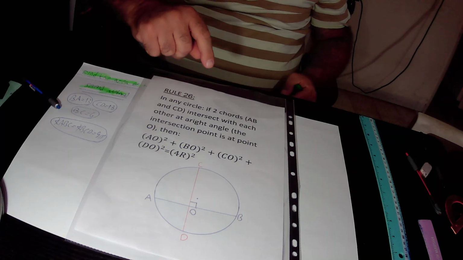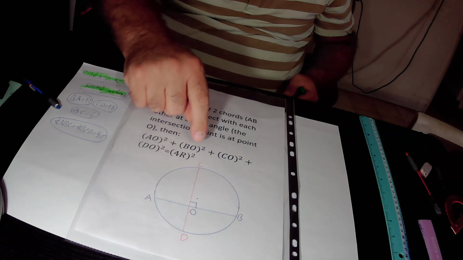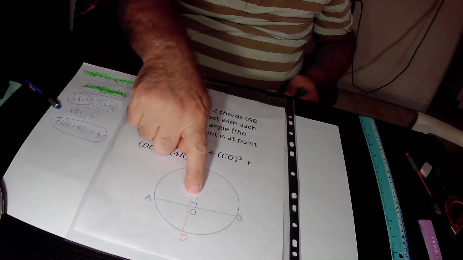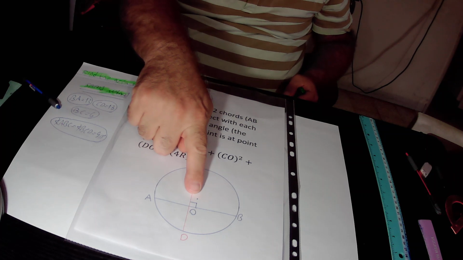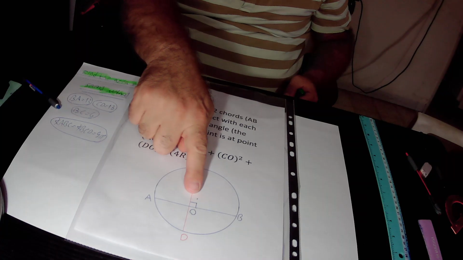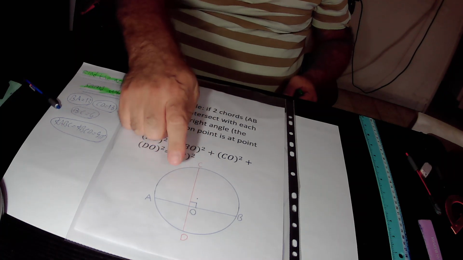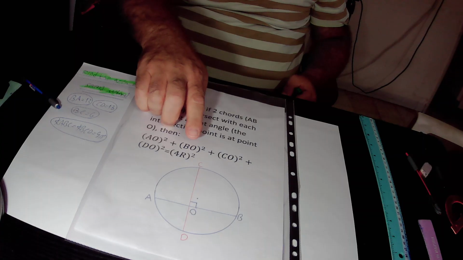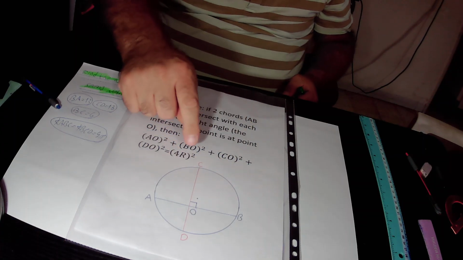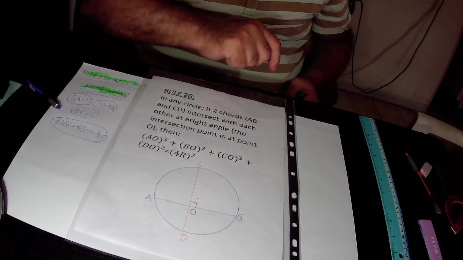Also, AO squared plus OB squared equals CO squared plus OD squared.